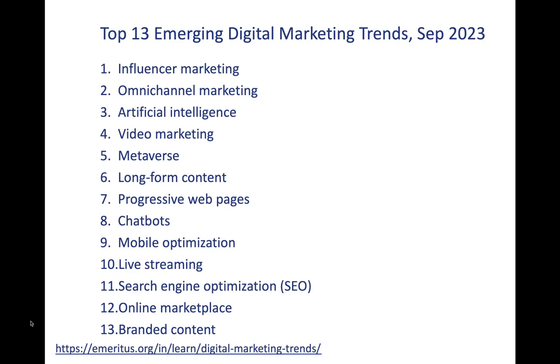One of the 13 trends proposed is influencer marketing, which is a digital marketing strategy where businesses partner with particular individuals, mainly using social media presence, in order to communicate about the product or services.